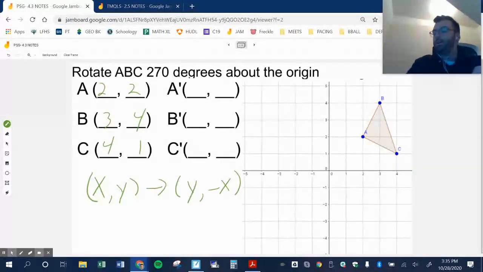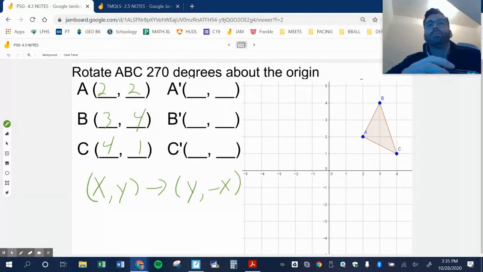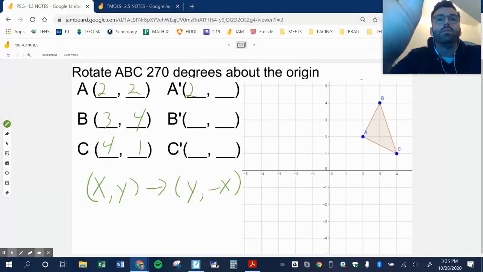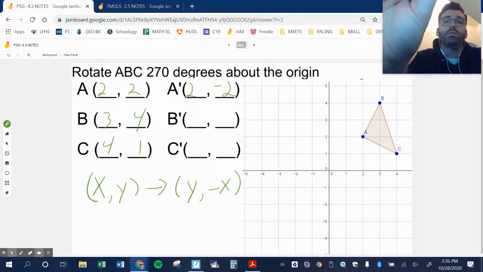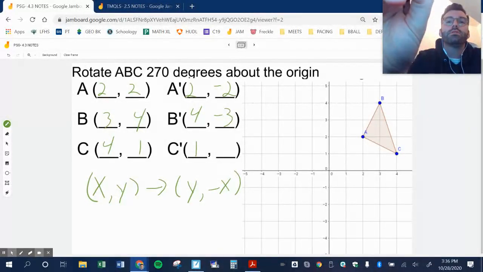So X comma Y becomes Y, opposite of X. With 2, 2, it doesn't really make much of a difference. With 3, 4, it does, because now my Y comes first, and I take the opposite of my X value.